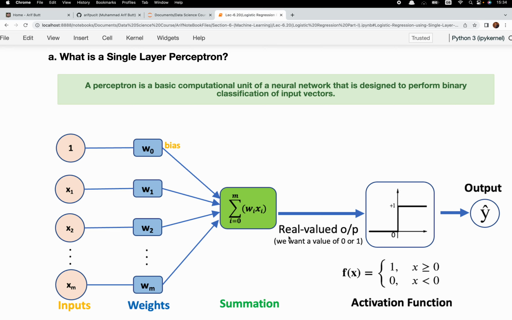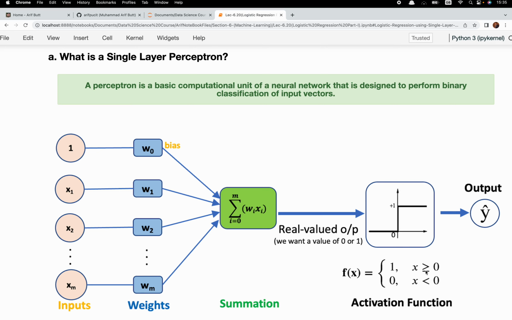And this real valued output is passed through an activation function, which can be a binary step function, a sigmoid function, a hyperbolic tan function, a ReLU, a leaky ReLU, or softmax function. There are many activation functions which we can use over here. But right now, I've shown the binary step function which checks if this real valued output is greater than or equal to the threshold of 0, it will output a value of 1, else 0.